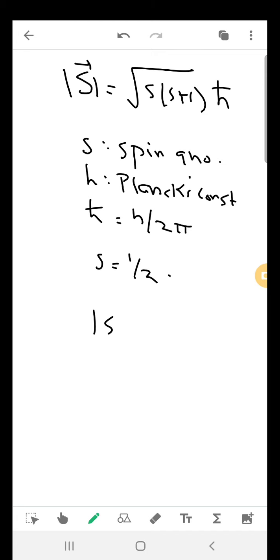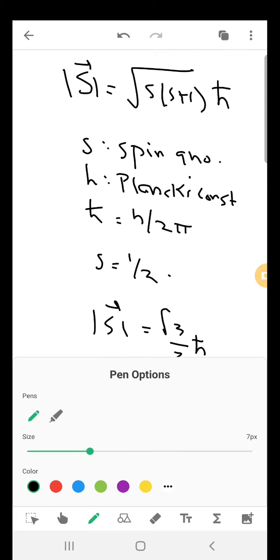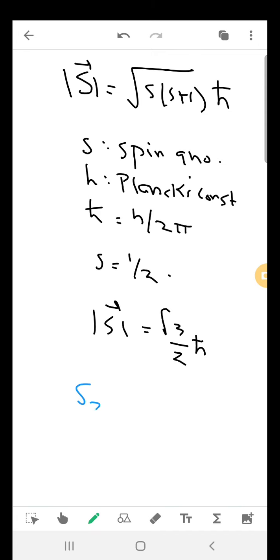So the magnitude of S comes out to be root 3 by 2 h cross. Now the component Sz, as we have already told, is ms h cross, where ms is equal to either half or minus 1 by 2.